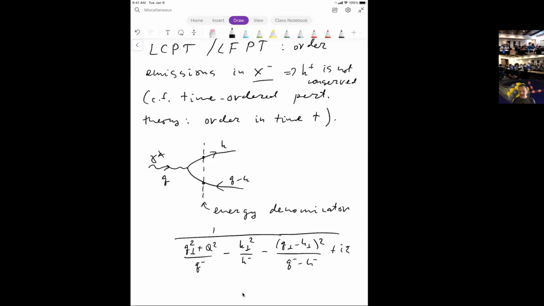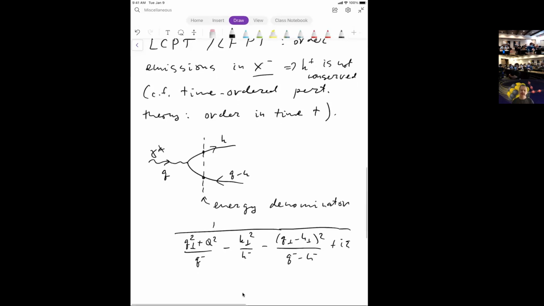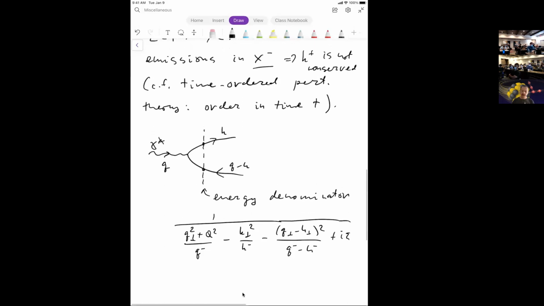And you have some regulator, plus or minus i epsilon. So instead of propagators, you get energy denominators. The particles are on mass shell, but that means that the plus momentum is equal to k perp squared over k minus.